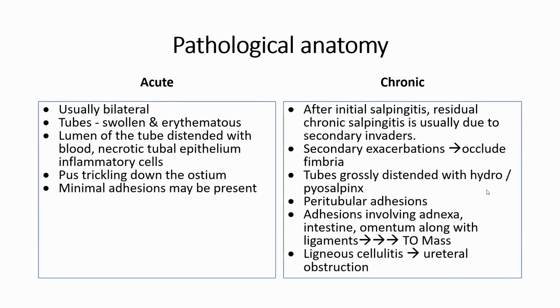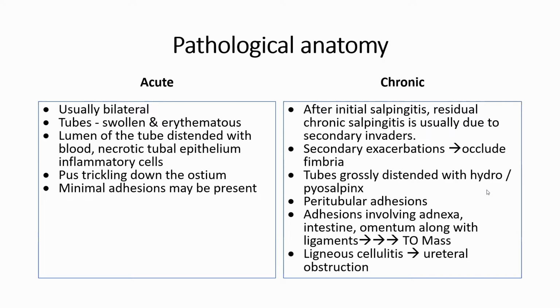So in the acute case, there is an acute reaction, and acute inflammatory signs can be appreciated. But in case of chronic, there will be reactive changes. After the initial salpingitis, there could be residual disease, especially if the patient does not get any treatment or gets only partial treatment, and it can be invaded by secondary invaders.